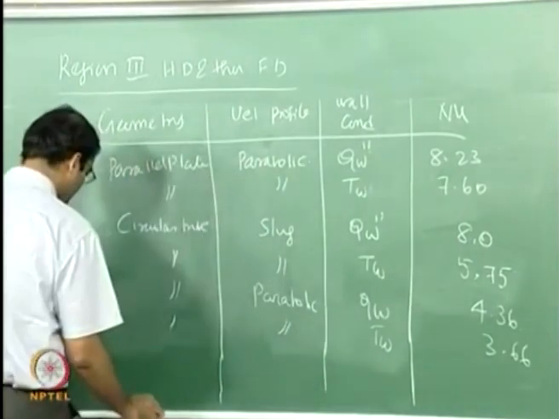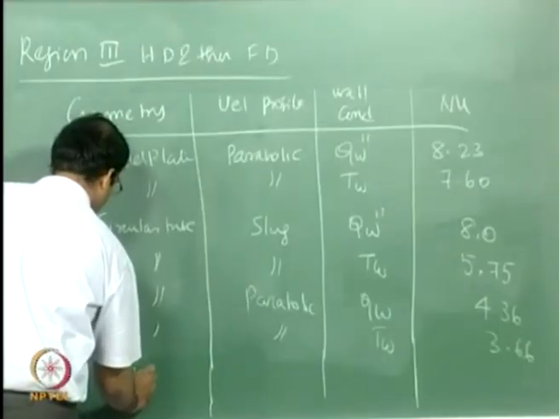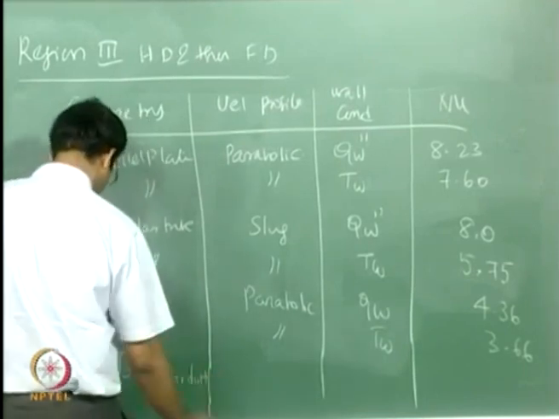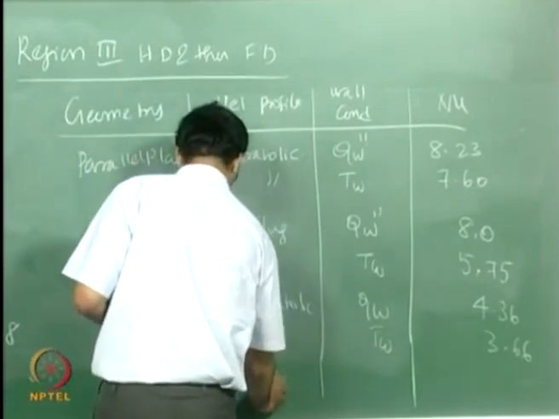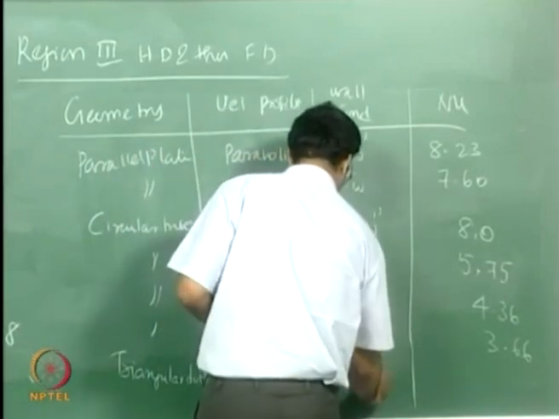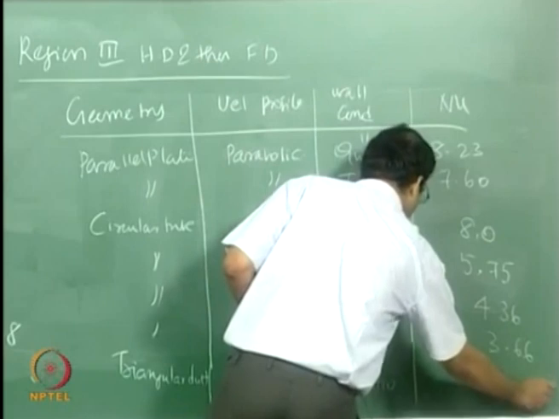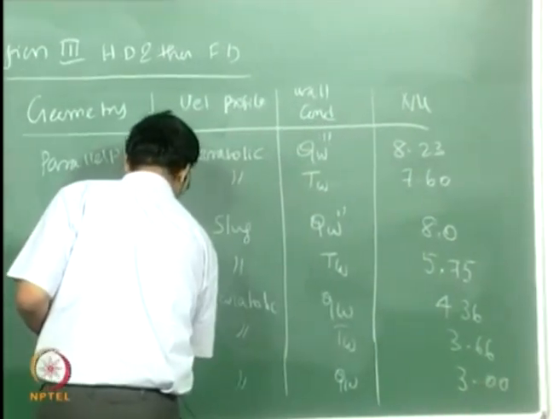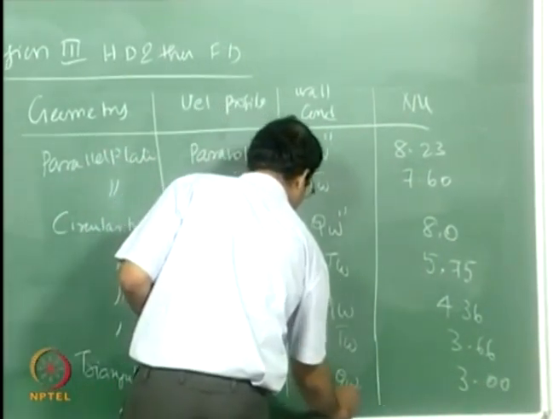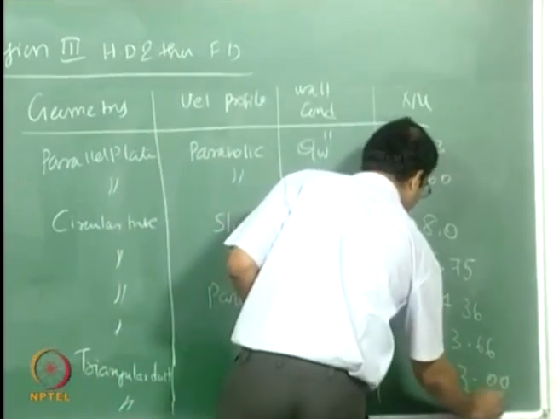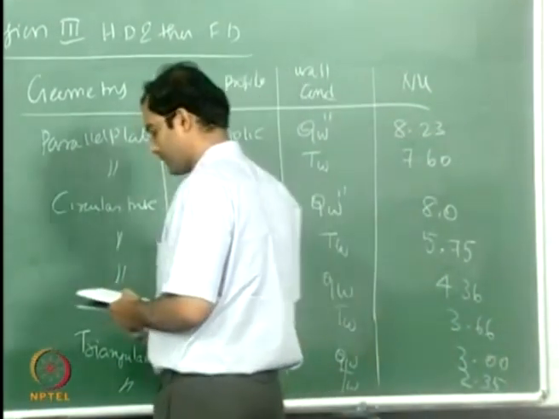Similarly for triangular duct, if you have a parabolic velocity profile, Q wall, then you have 3.00, triangular parabolic constant wall temperature, you have 2.35.